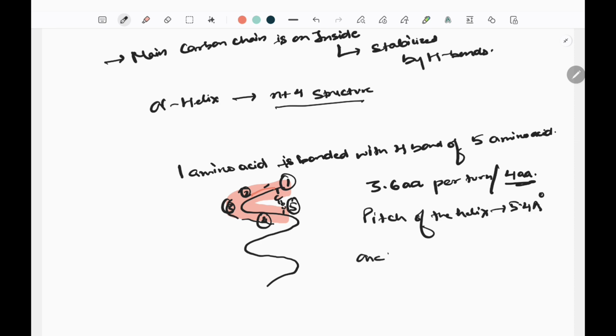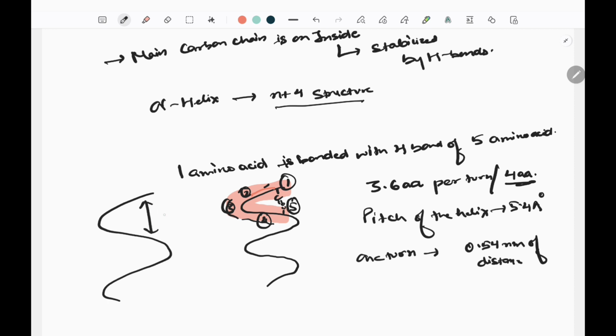So one turn contains 0.54 nanometer of distance. The distance from here to here is 0.54 nanometer, and the number of amino acids it takes from this to this is around 4 amino acids, and if you take the exact number, it is around 3.6 amino acids per turn.